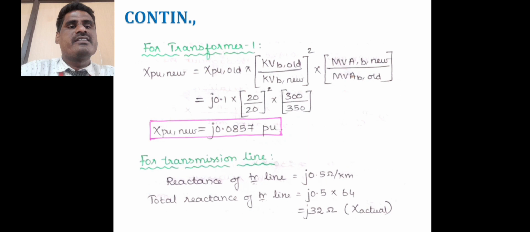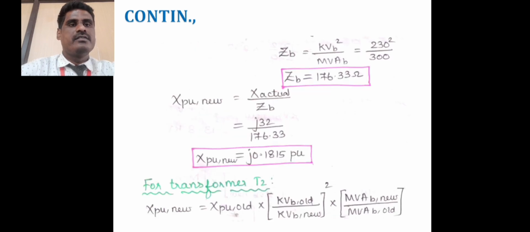The length of the transmission line is already given in the problem as 64 kilometers. So, the total reactance of the transmission line equal to j0.5 into 64, that means reactance per kilometer into total kilometers. Finally, we get j32 ohm, that is the actual value of the transmission line.